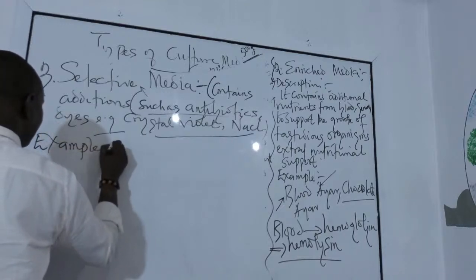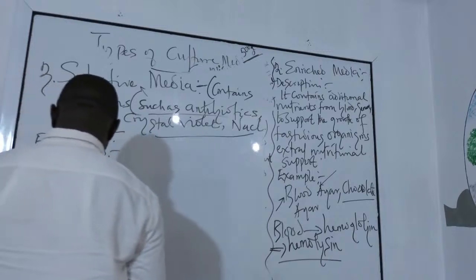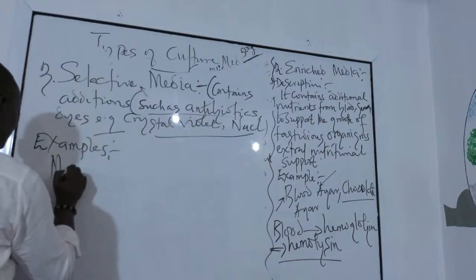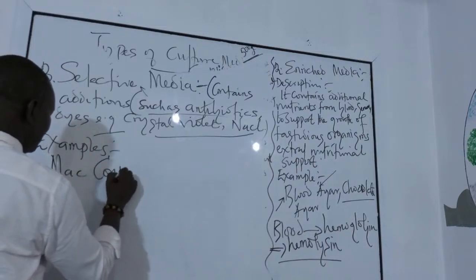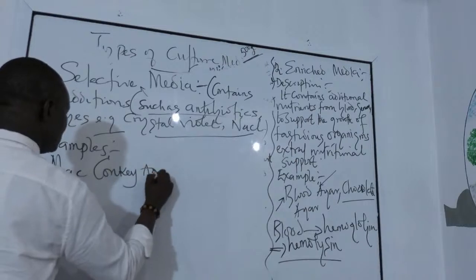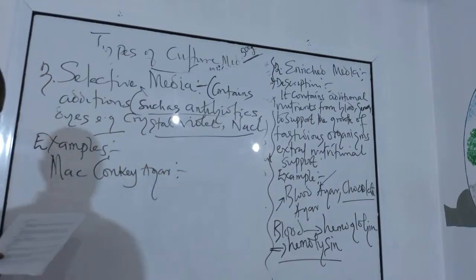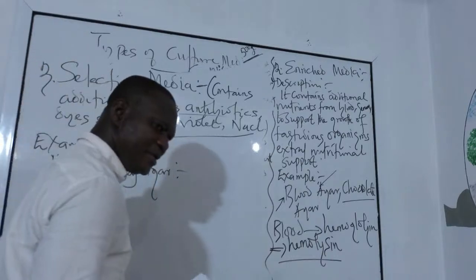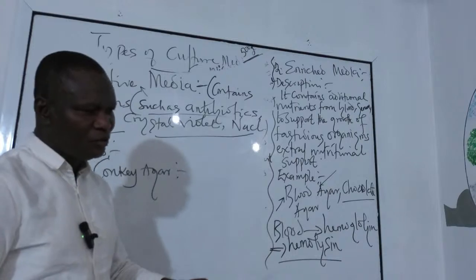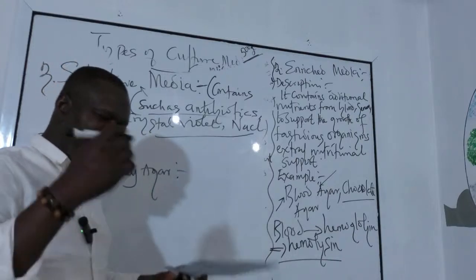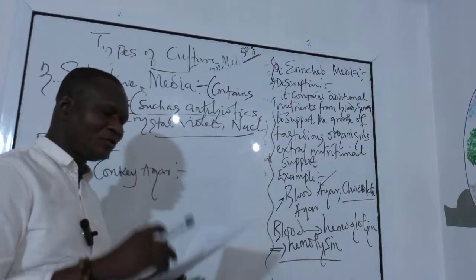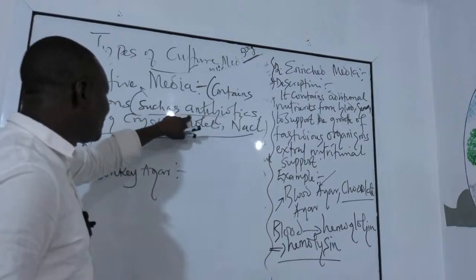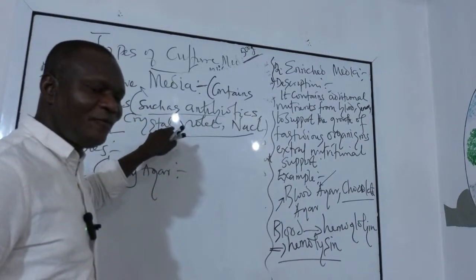There are different examples. One example is McConkey agar. This is very, very common. Any microorganism or bacteria that grows in McConkey agar, you don't need anybody to tell you, because they have incorporated antibiotics as well as crystal violet.